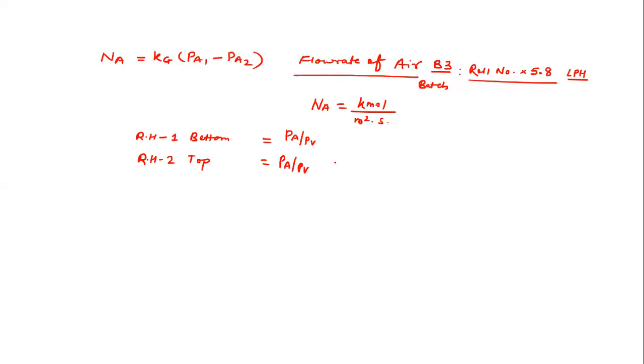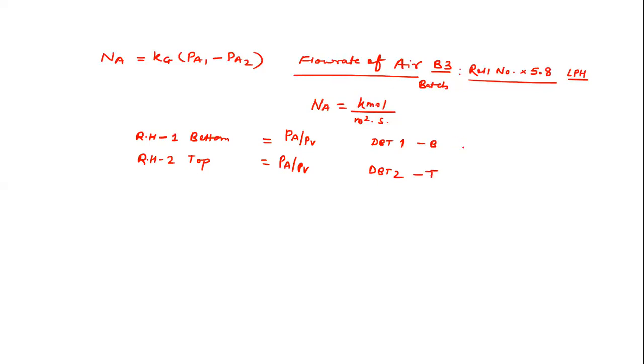So you can find out vapor pressure. How do you find out vapor pressure? So you have DBT, dry bulb temperature 1, dry bulb temperature 2, bottom, top.